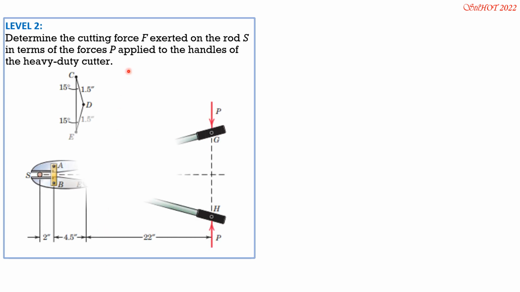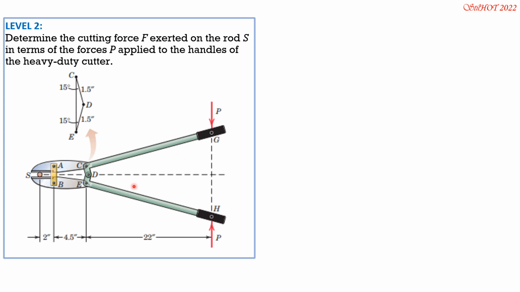Determine the cutting force F exerted on the rod S here in terms of the forces P applied to the handles of the heavy-duty cutter. So we have details here for this portion, CDE. Take note that C and E are vertically aligned. The angle is 15 degrees, and the distance from C to D, which is also the distance from D to E, is 1.5 inches.